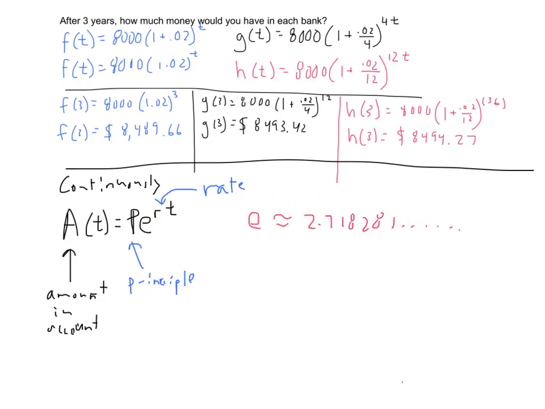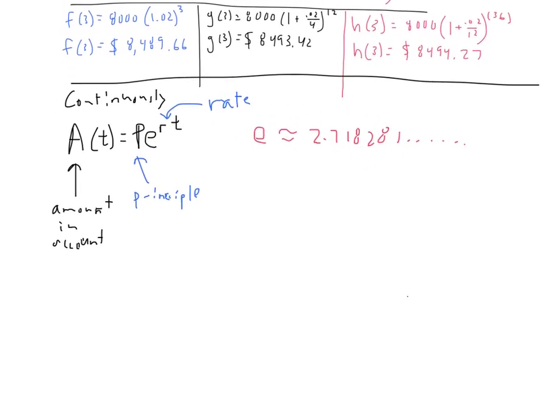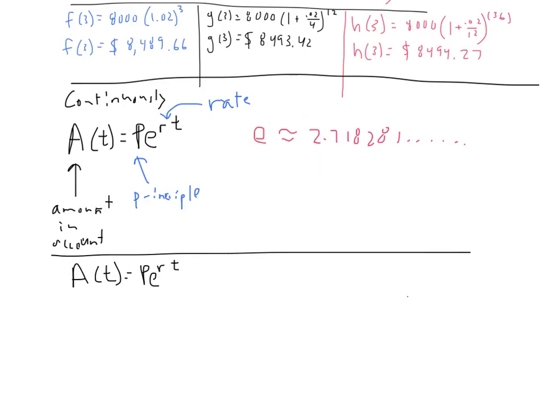Okay, all right. So let's go ahead and work this out. Again, our formula is P times E to the RT. It's actually pretty easy to remember. A lot of people remember this by saying PERT. So we want to go back to our account and figure out how much would we have if we deposit $8,000 and we compound the interest continuously.